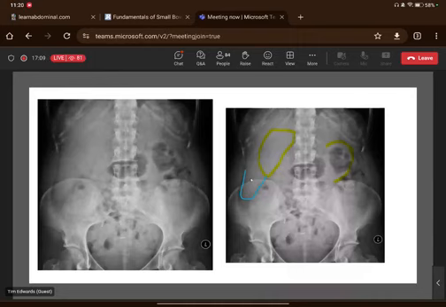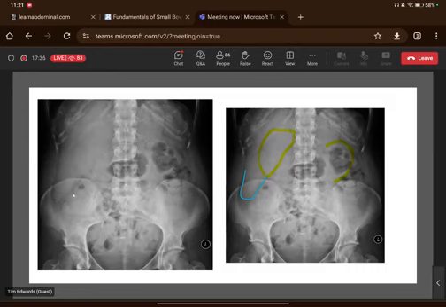So I've included a plain film here because you can see, as highlighted, the outline of the kidneys. The left one you can't see as clearly because it's obscured by bowel gas, but certainly on the right side, as highlighted, you can see the outline of the right kidney. And just out of interest, on this particular plain film, you can see another anatomical variant.